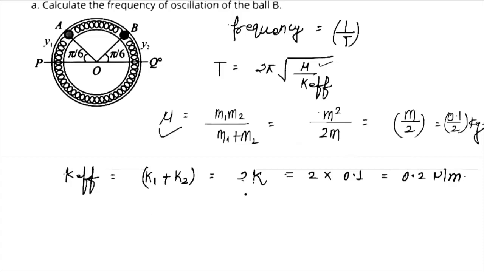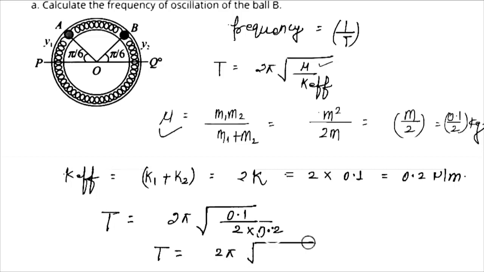Then we can calculate the time period, which is equal to 2 pi root under mu, which is 0.1 by 2, divided by k effective, which is 0.2. When we solve, the decimals cancel out, and we have only 1 by 4. That means 2 into pi into 1 by 2.